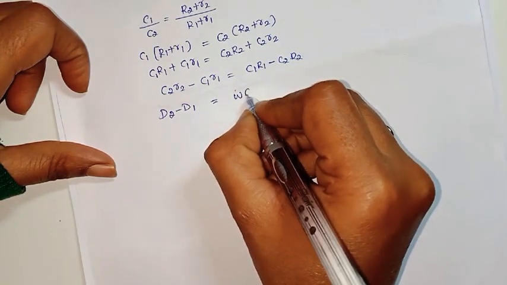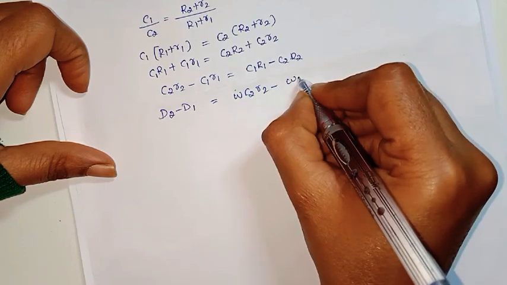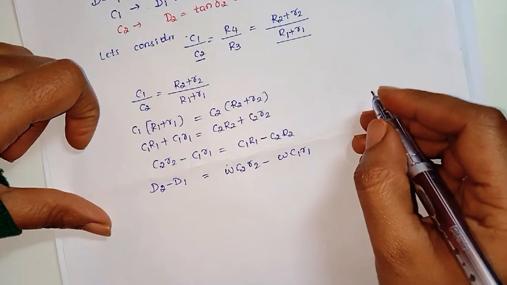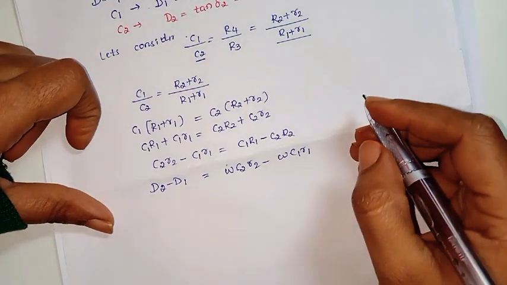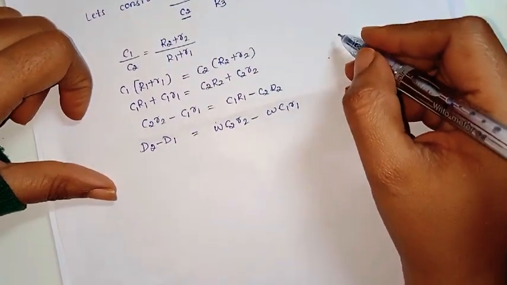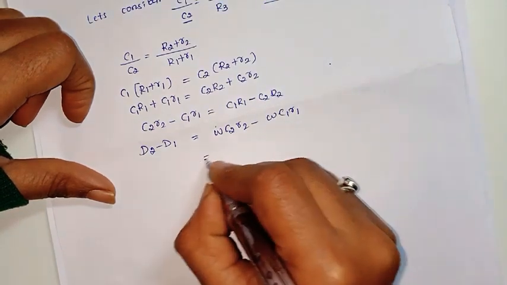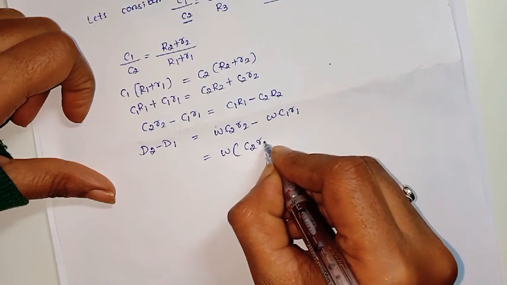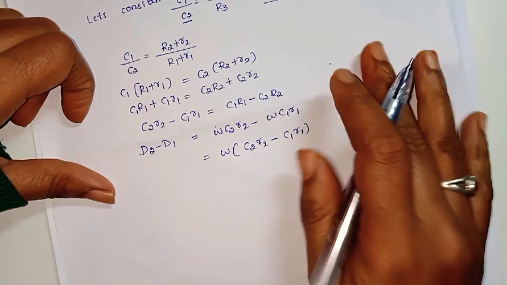Omega into C2 into R2 minus omega C1 into R1. Now let's take omega as common. What is inside the bracket? C2 into small r2 minus C1 into R1.